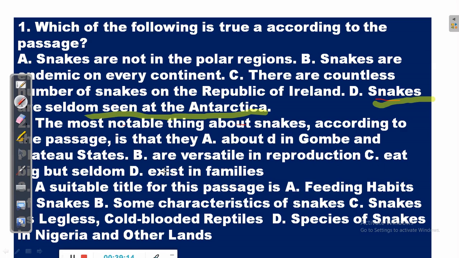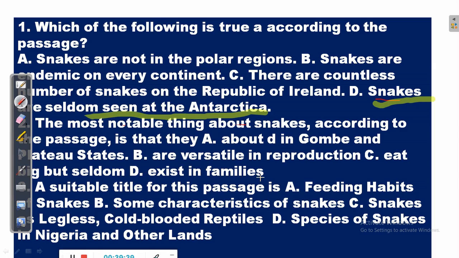Then C, eat big but seldom. This we also saw, that they eat big but seldom, but there was nothing the writer said about this making them the most notable creature, or this feature being the most notable feature about them. The writer didn't say anything of any such thing.